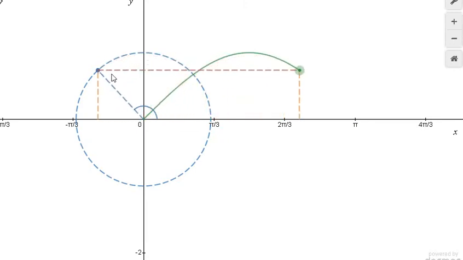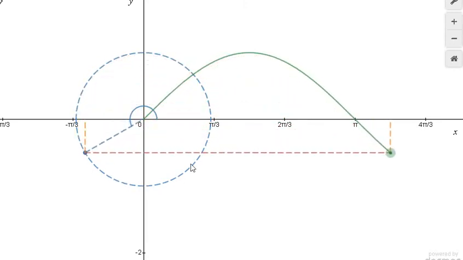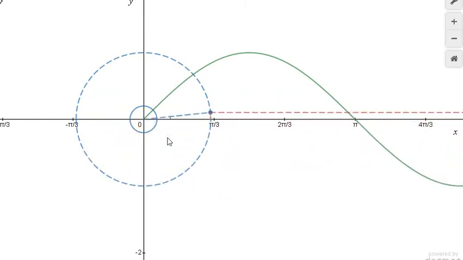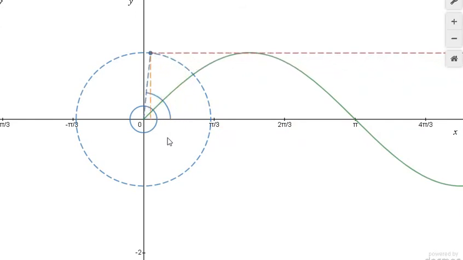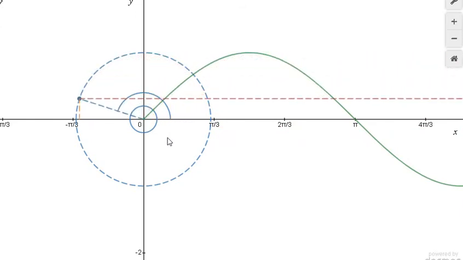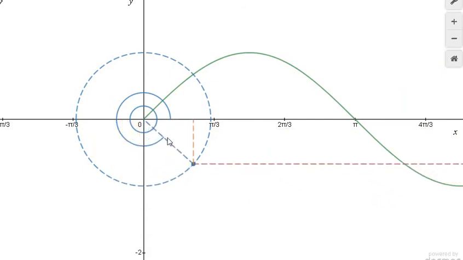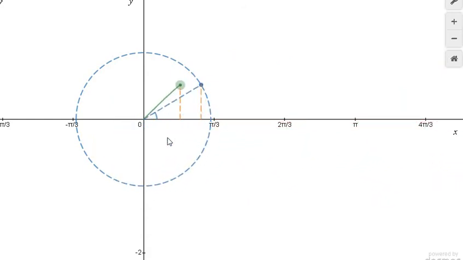All right. But take a look at this little point that's moving around on the rim. It's connected to the center of our circle by a line, and it's that line that keeps on moving around. Now, the rate at which that changes is your omega. That's your angle per unit time.